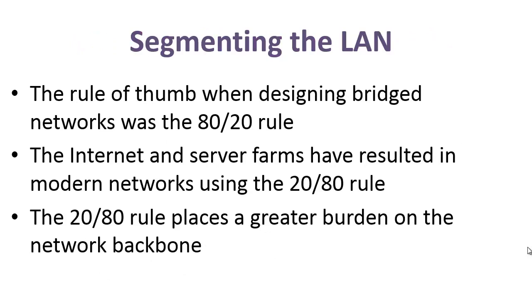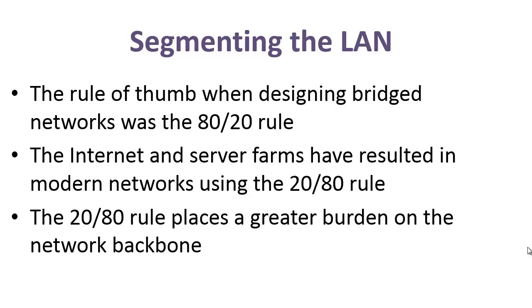Now, in the old days, the basic rule of thumb in designing a local area network and wide area network was that 80% of the traffic was going to remain on the local area network. Thus, it was called the 80-20 rule. 80% of the traffic stays local, and you should plan for that. Well, with the advent and popularity of the internet and server farms, this has really resulted in the flipping of those numbers.